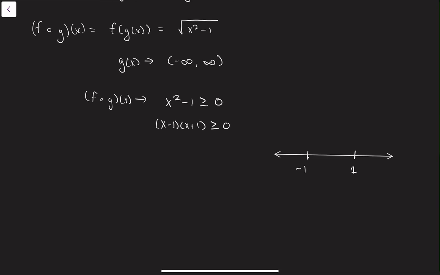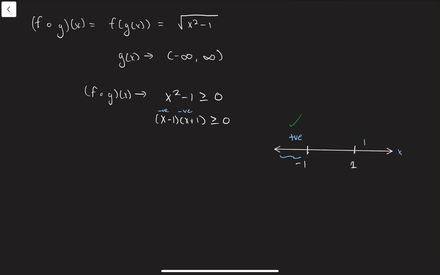When x is less than -1, we're going to have this being negative and this being negative, which is positive. So this is good. Likewise, in the domain from 1 to infinity, we'd have a positive value because both of our roots are positive. But in between -1 and 1, we'll have a negative value, so we're not able to include these values in our domain.